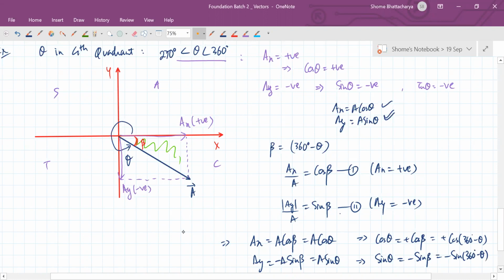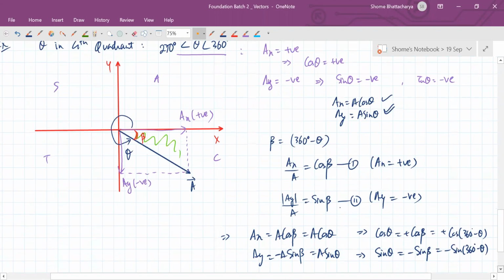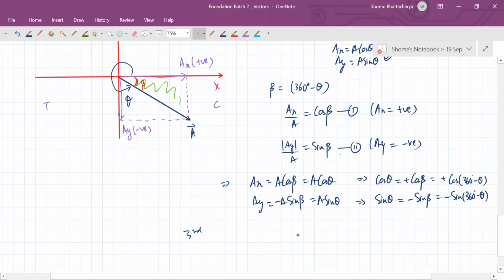So in general, your fourth quadrant formula becomes: sine of theta is negative of sine of 360 minus theta, cos of theta is positive of cos of 360 minus theta, and by their ratio, tan theta is negative of tan of 360 minus theta.